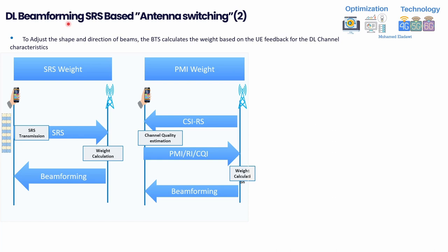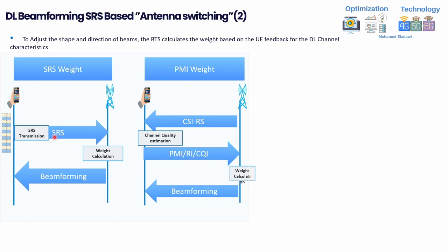Okay, moving forward, the question here is why we are expecting some gain in the downlink performance if you use downlink beamforming based on SRS or based on the SRS feedback. I believe the main reason is that SRS is being transmitted periodically, most of the time, by the UE. So the gNB can have a timely update about the downlink channel propagation, so it can give more accuracy for the weight calculation and the downlink beamforming assignment for the particular user which is sending the SRS.